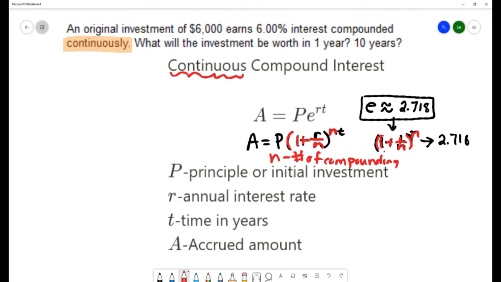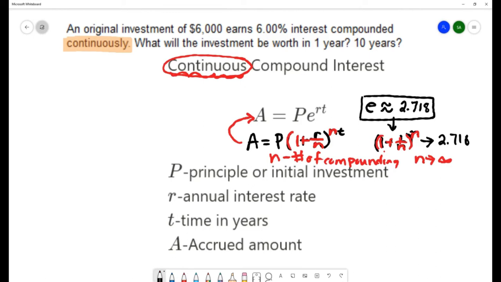And as I said here, when our interest is compounded continuously, we're allowing those number of compoundings to become more frequent. We're allowing n to approach infinity. And so our formula for periodic compound interest simplified to this formula, A equals P e to the rt, by allowing that n to go to infinity.